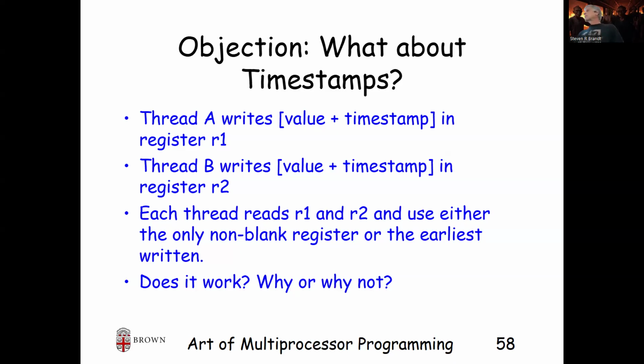We can say the thread with the lowest number wins. So B writes it there, and then they both look. If B writes and then looks, it's going to see that A has an earlier timestamp, right?